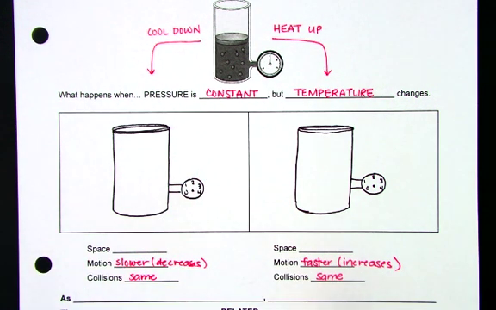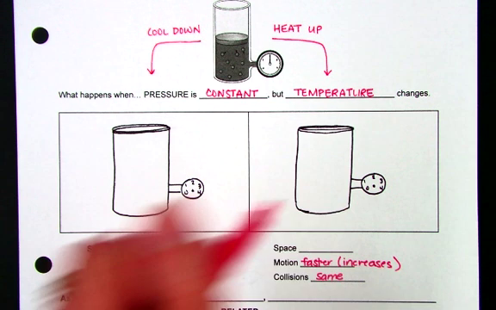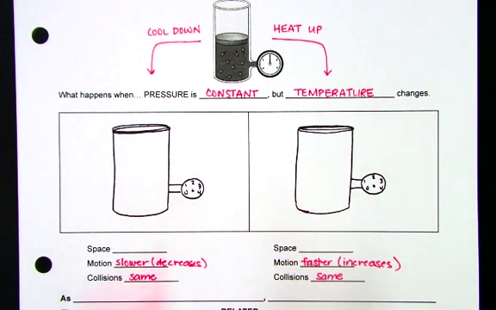How do we model collisions again? The x's, right? I have to have the same number of x's in both of these models because pressure is constant. How do I model motion? The arrows, right? Which one's going to have a longer arrow, the slower one or the faster one? The faster one has longer arrows.